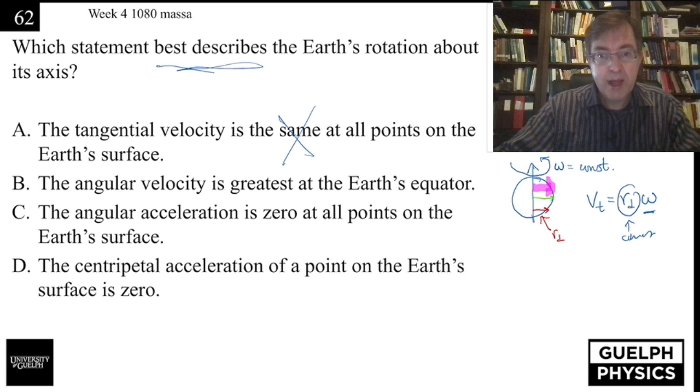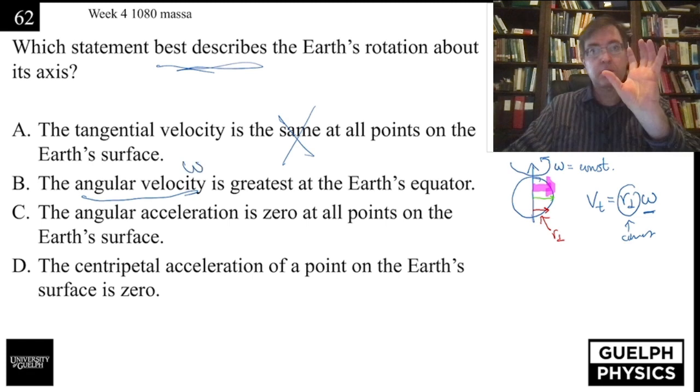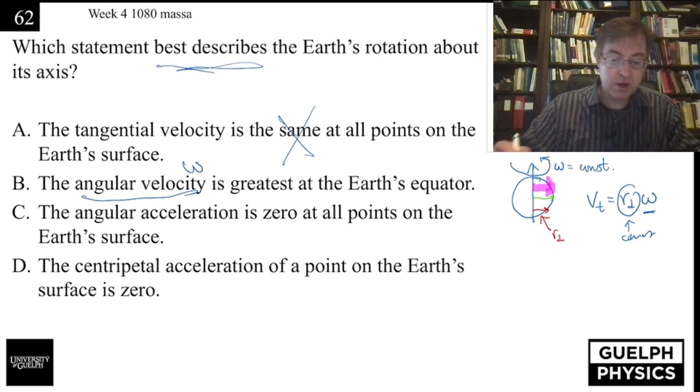Part B, the angular velocity is greatest at the Earth's equator. Well, angular velocity is omega. And we've already said that the Earth rotates through a constant angle per unit time, okay? So the angular velocity is actually constant. And so B cannot be correct.